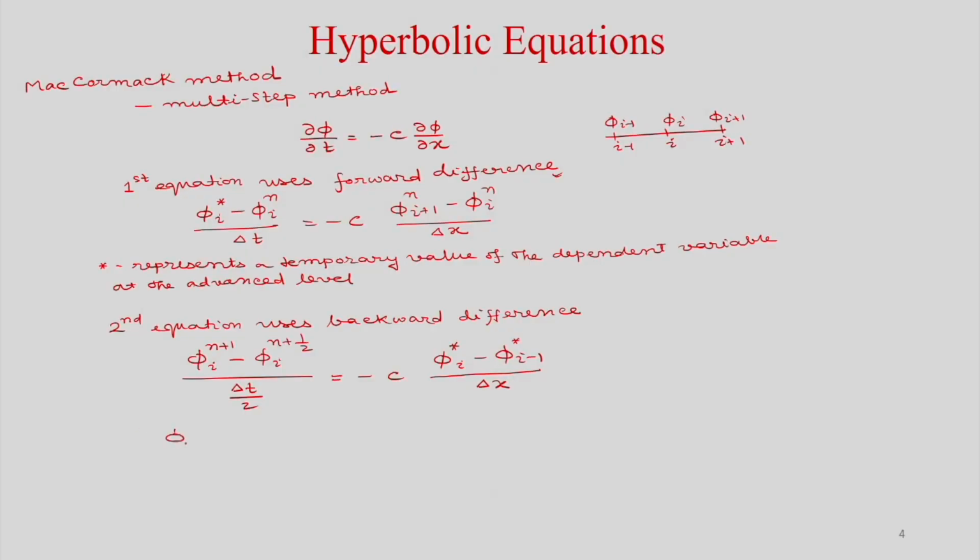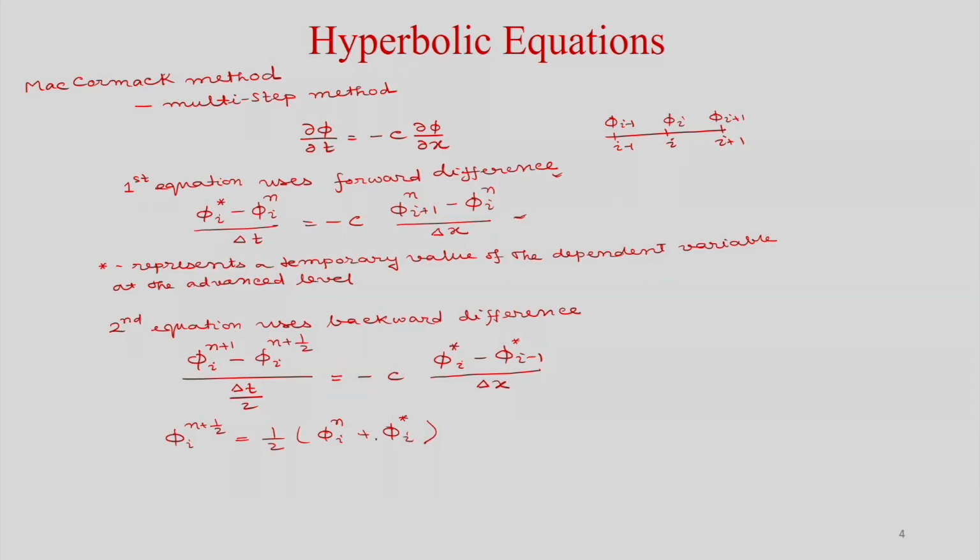So, that will use the average value of this. So, phi I n plus half will use the average value of phi I n and phi I star. The star you have calculated in the first level.